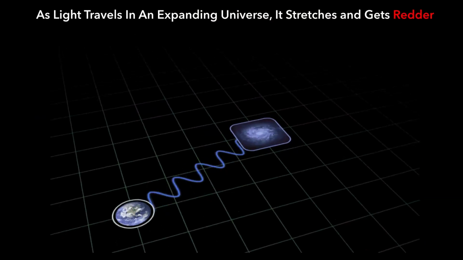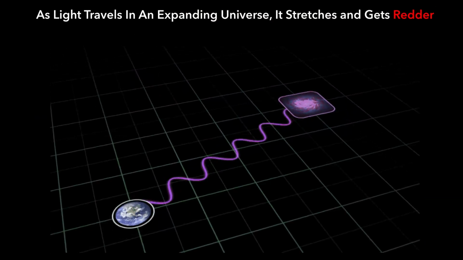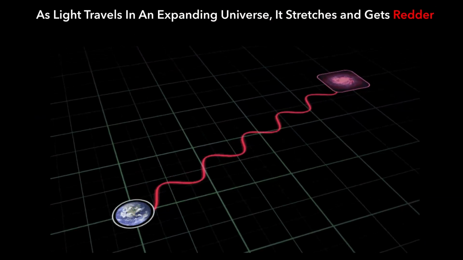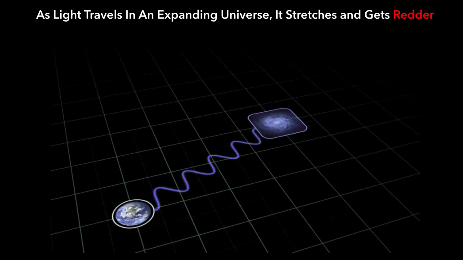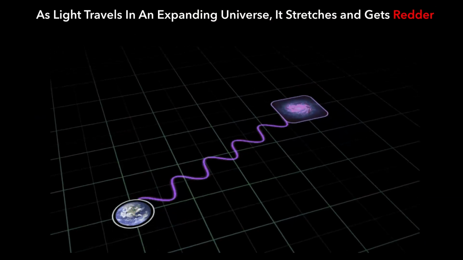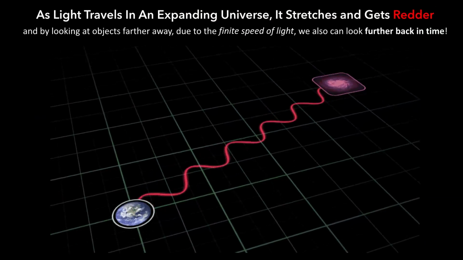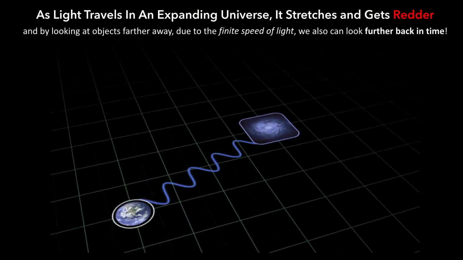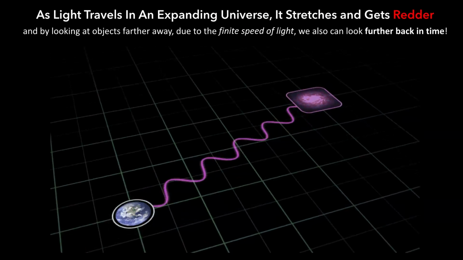And so one of the tricks of the universe is that it's expanding, and it's expanding at an increasing rate. But the expansion of the universe means that light will get stretched. The fabric of space-time is getting larger, and the wavelength of the light in that space-time will also get larger along with it. And additionally, because we are looking at something very far away, billions of light years in this case, the light takes time to reach us.